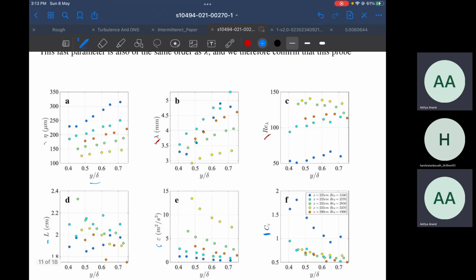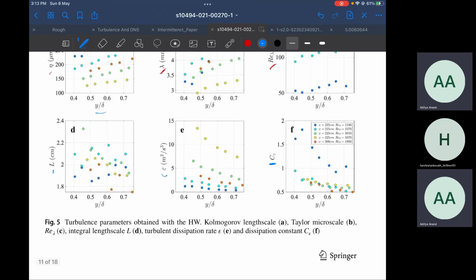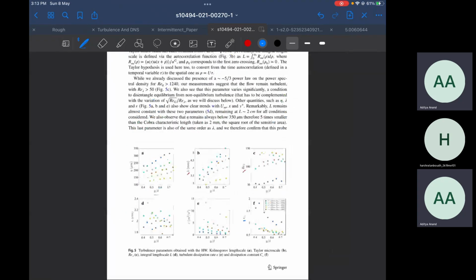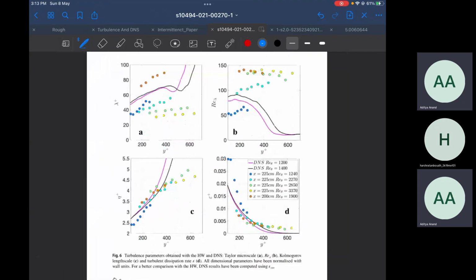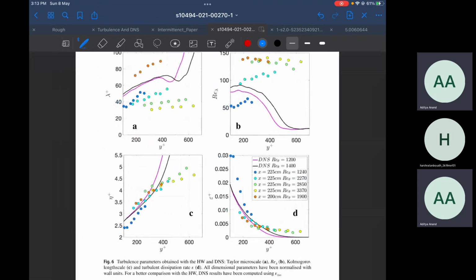Okay, so if you remember, close to the wall, their assumptions of homogeneity and isotropy were not satisfied. Okay, so they see that there is a functional dependence between epsilon and y.